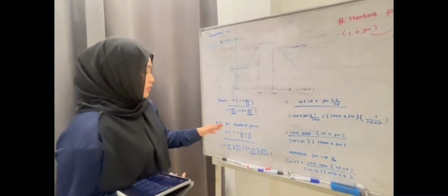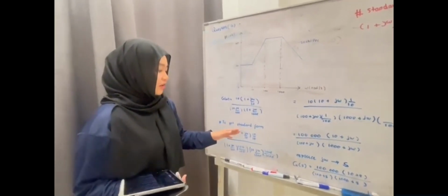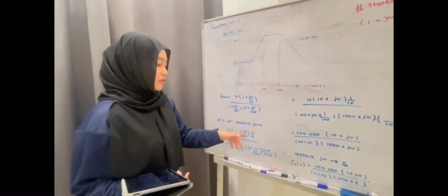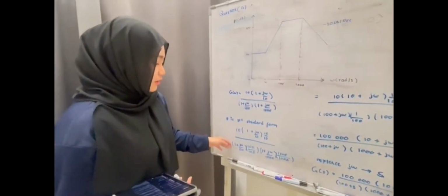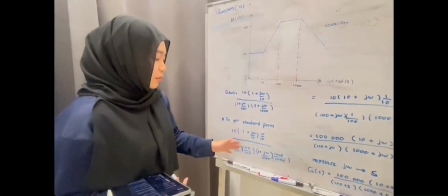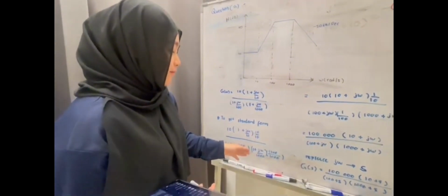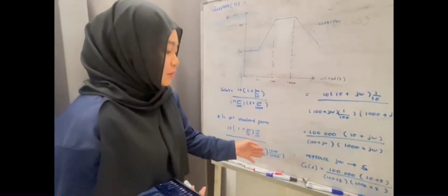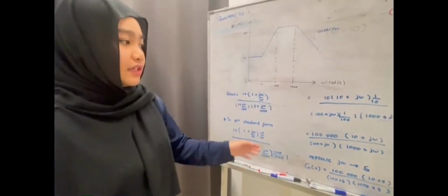So 10 times (1 plus j omega over 10) multiplied by 10 over 10, and here (1 plus j omega over 100) multiplied by 100 over 100, and this one (1 plus j omega over 1000) multiplied by 1000 over 1000. From there we can get this.